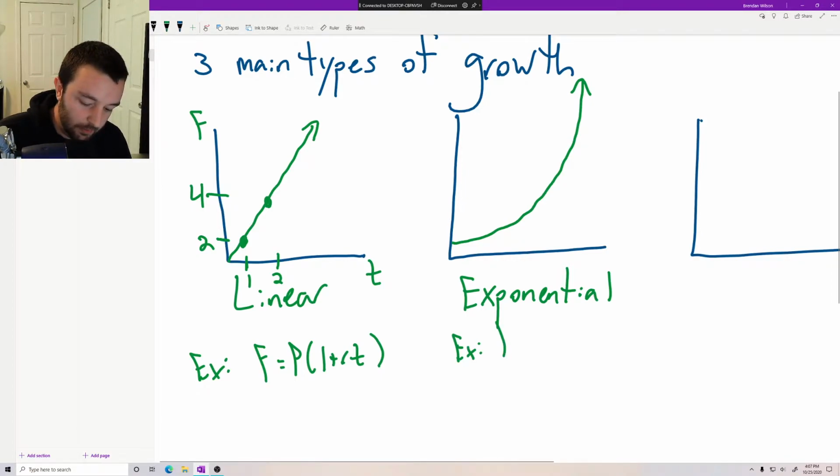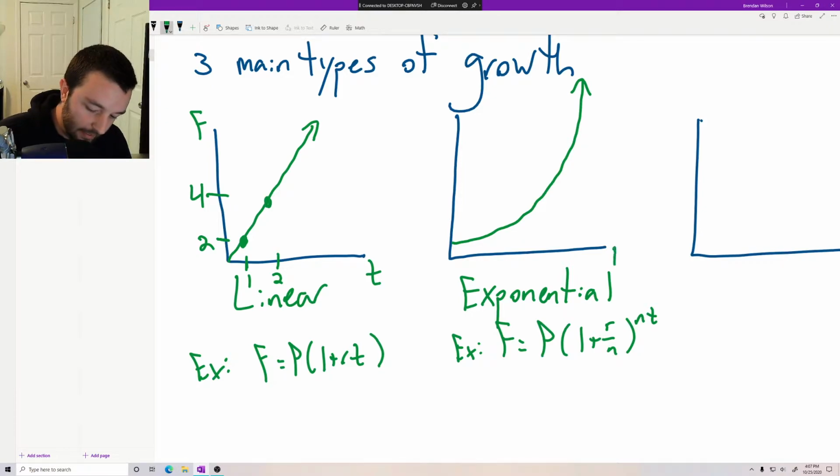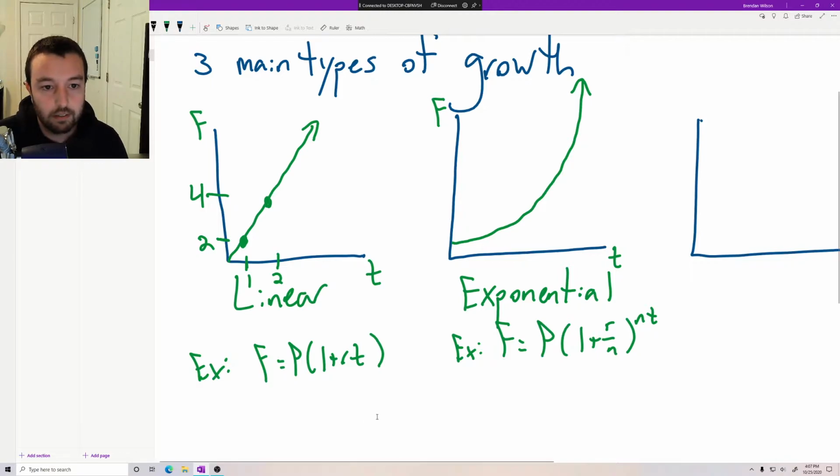An example of the exponential one would be F equals P times (1 plus r over n) to the nt. And again, on this axis, we have t. On this axis, we have F. So as time goes on, F starts growing faster and faster.